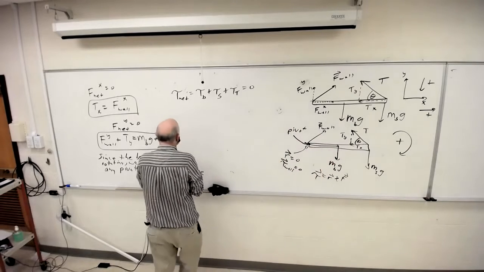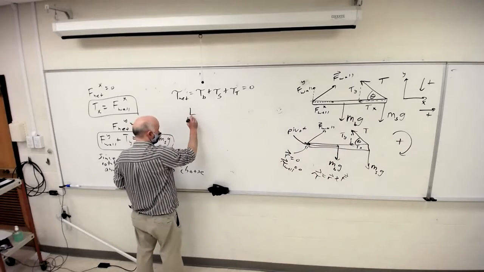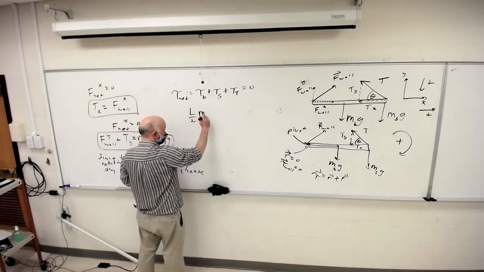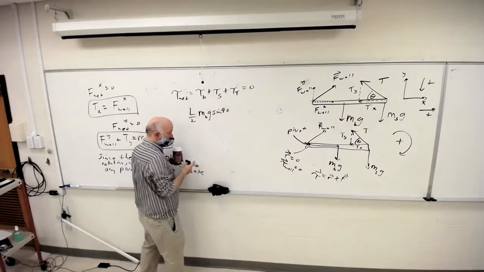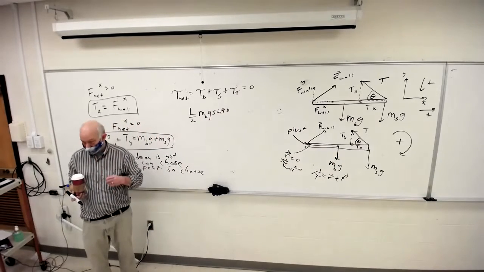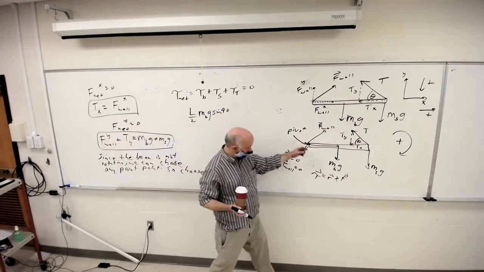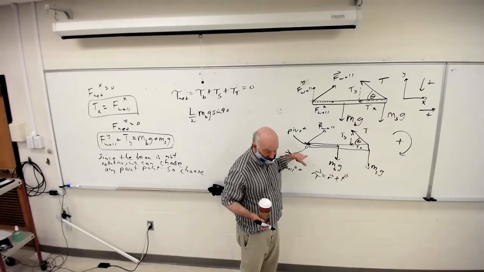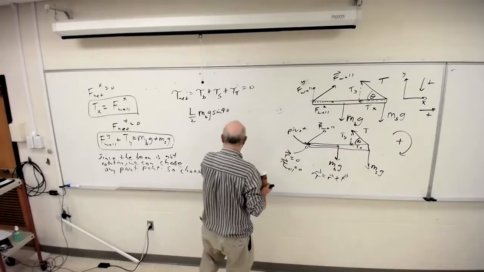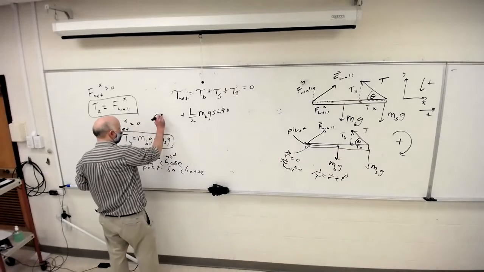So if we work this out, this guy's going to be L over 2 times M beam g times the sine of 90. Now, is that a clockwise or counterclockwise torque? If this were the pivot, it would cause a clockwise rotation, so it is positive.